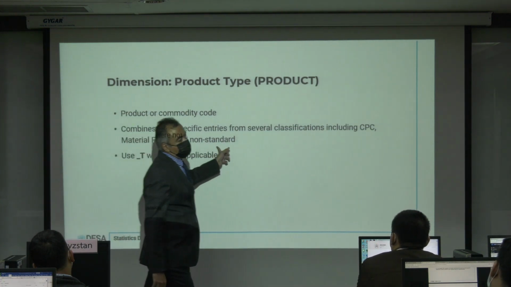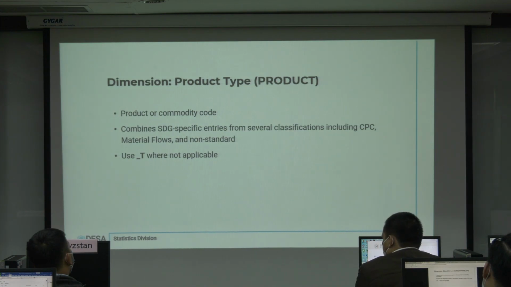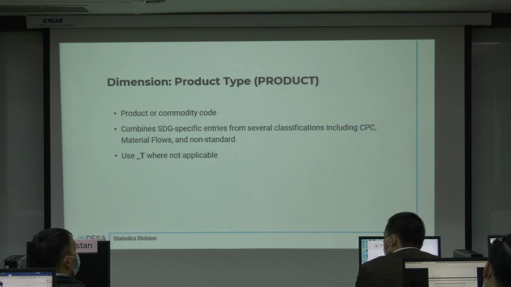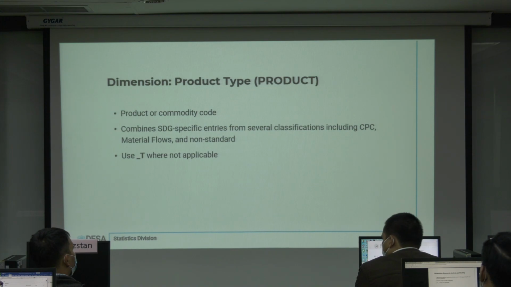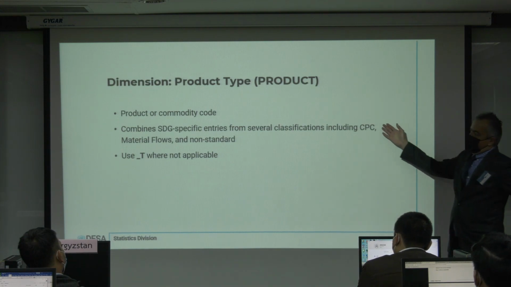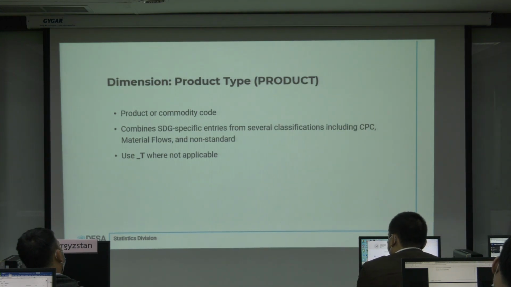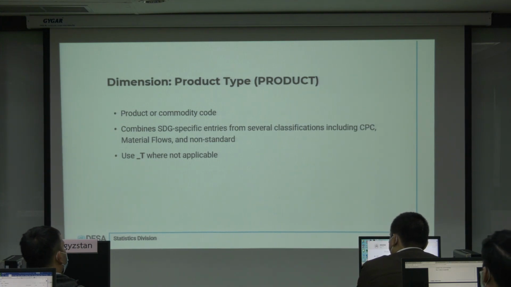And then we have non-standard classifications as well, which we tried to map to the existing classification, but it was so difficult that the agency was not much help, so we gave up. But bottom line is that this dimension is used to disaggregate by product or commodity.